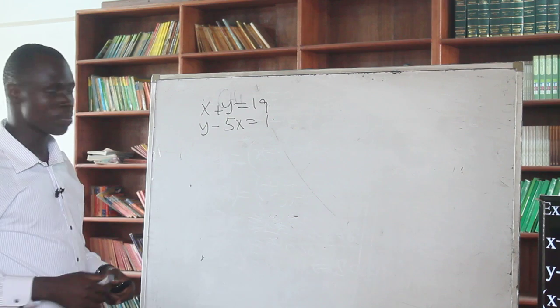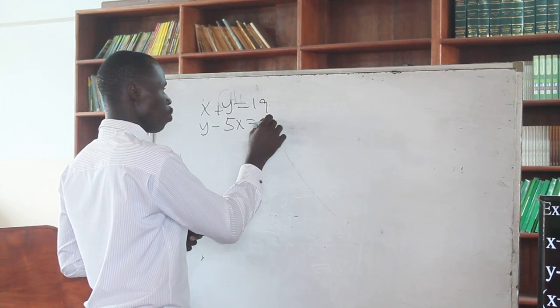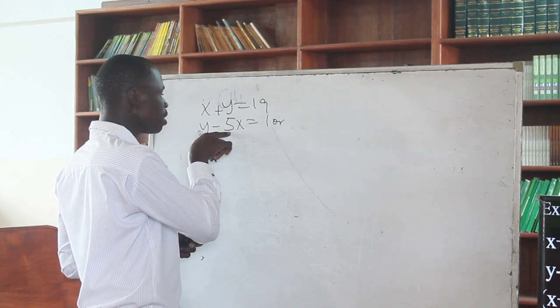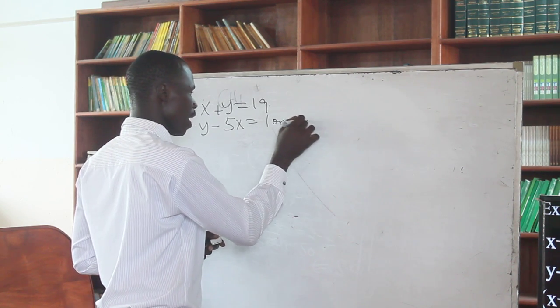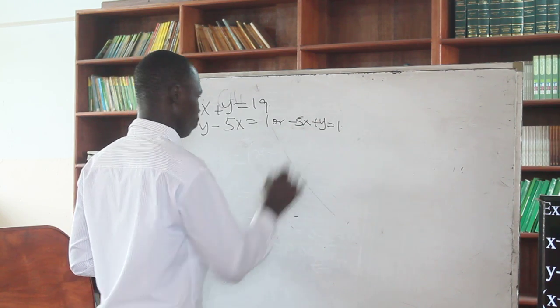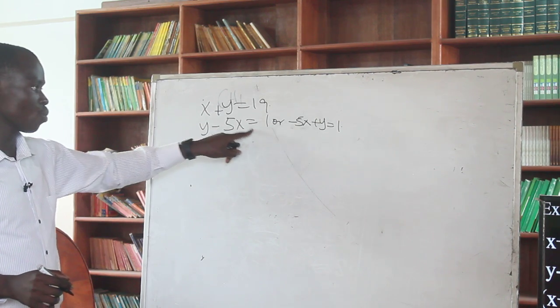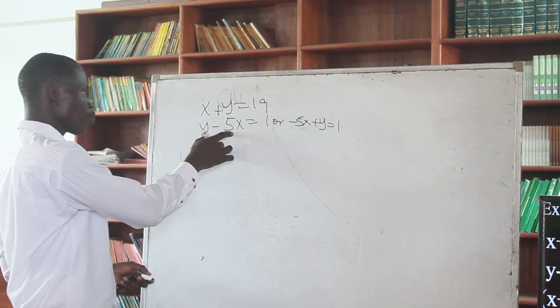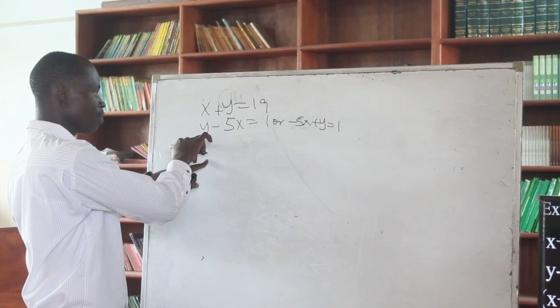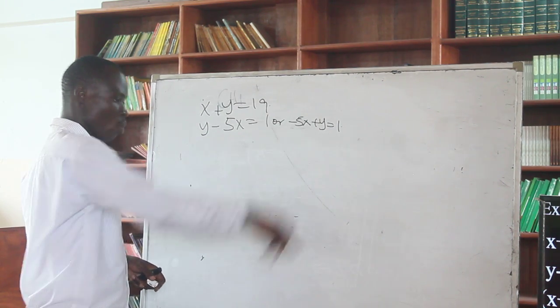And I can start this by rearranging. So this one can be written as negative 5x plus y is equal to 1. So instead of having y minus 5x is equal to 1, I can bring this one this side, and this one being a positive plus is equal to 1.